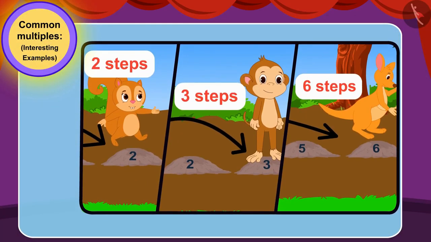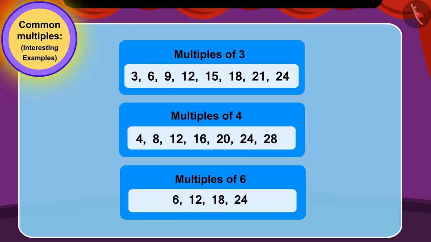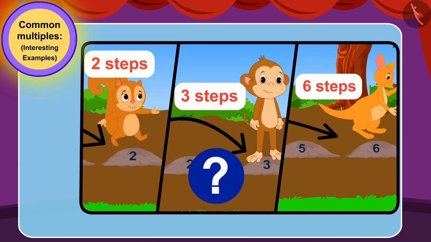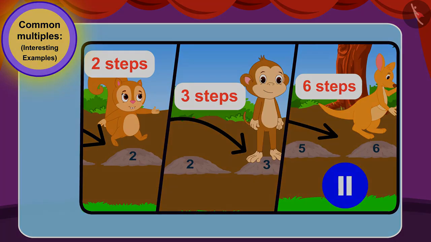Children, if all three friends had jumped on multiples of 2, 3 and 6 instead of multiples of 3, 4 and 6, would the three friends have crossed the marsh successfully? If you want, you can stop the video and find the answer.